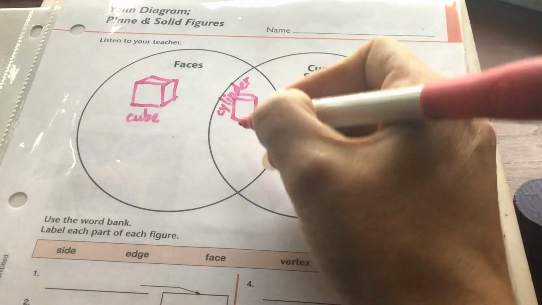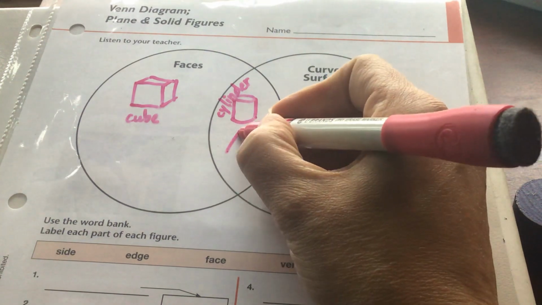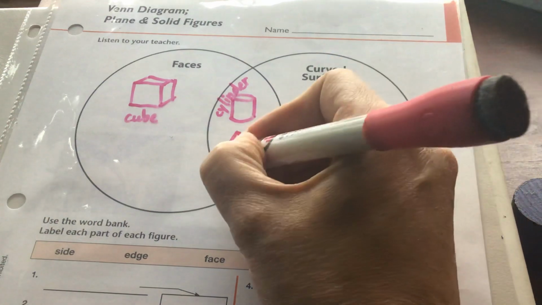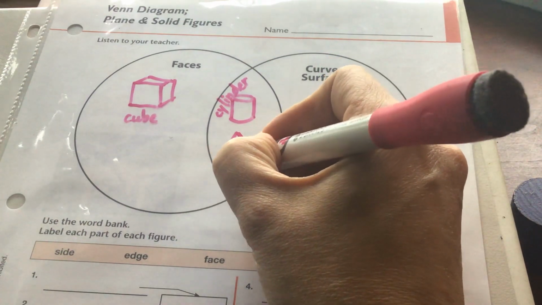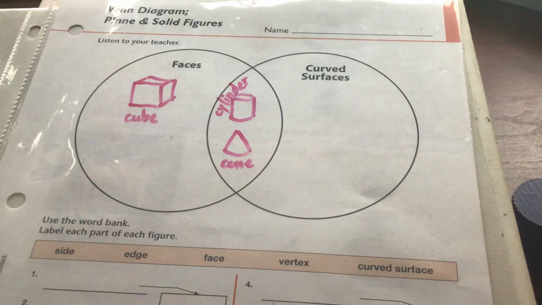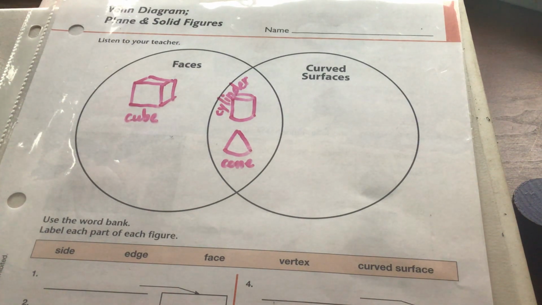A cone is another one. So we'll draw it and then do a curved bottom here. A cone would be another solid figure that has both a flat face and a round curved surface.